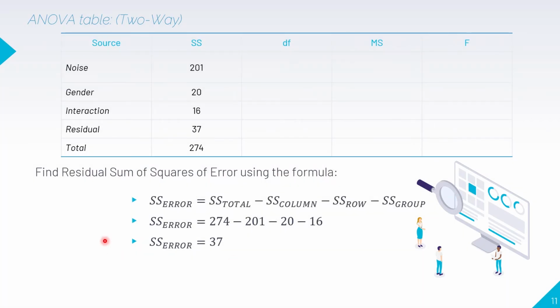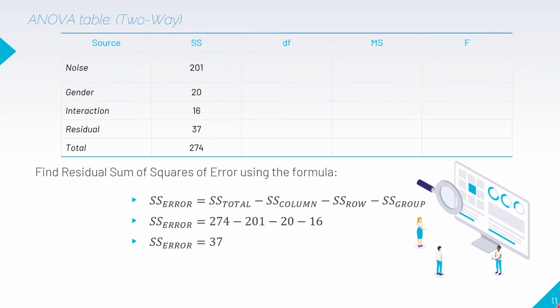Next, we find our residual sum of squares of error using the formula SS error is equal to SS total minus SS column minus SS row minus SS group. So SS error is equal to 274, our total, minus 201, minus 20, minus 16, and we have our SS error equal to 37.